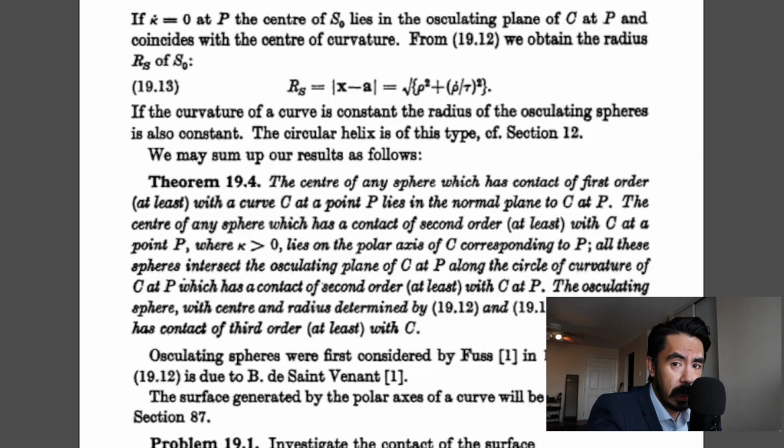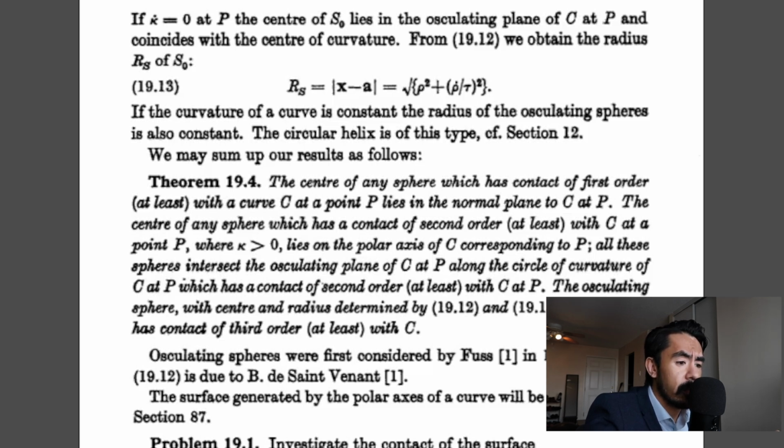From what we had just obtained for the center of the osculating sphere, we obtain the radius, capital R sub S, of capital S naught, which is equal to the magnitude of X minus A, which is equal to, in a Euclidean metric, the square root of the quantity rho squared plus rho dot over tau, itself squared.